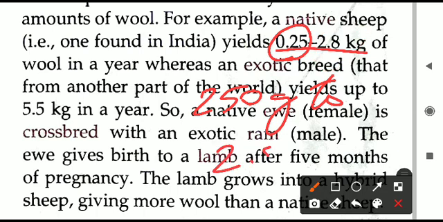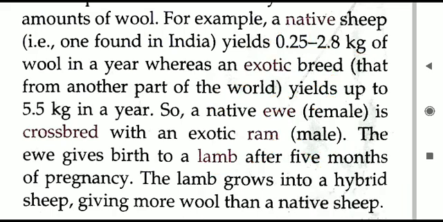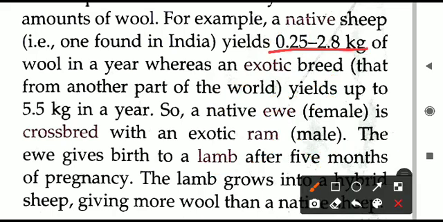So that is the range, 250 grams to 2 kilograms 800 grams. This is the limit of wool we can get in 1 year from a single native sheep found in India.